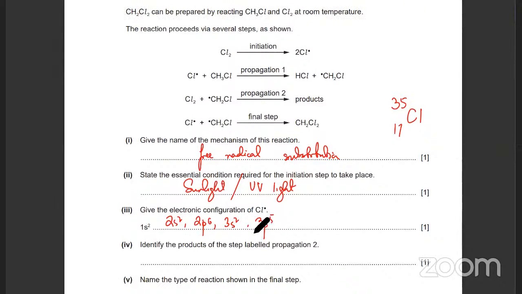Identify the products labeled. So this is a propagation step. What happens in a propagation step? What are the products? Okay, the carbon is a radical. Remember in the first step, Cl radicals are produced, right?